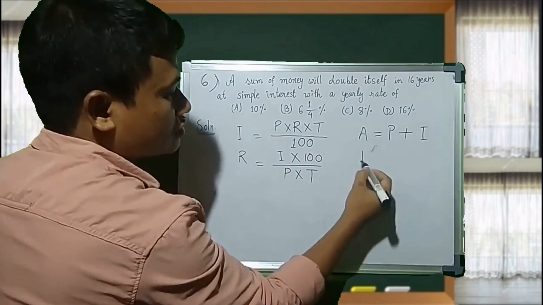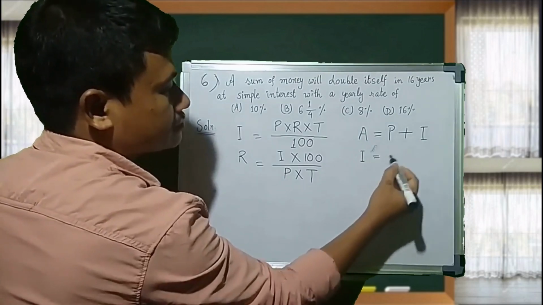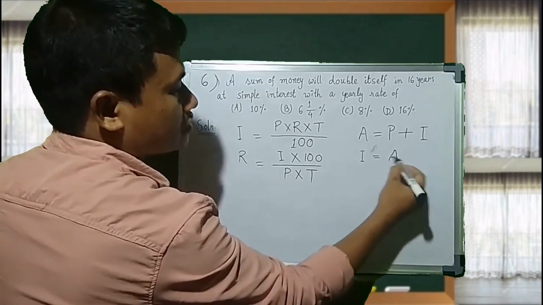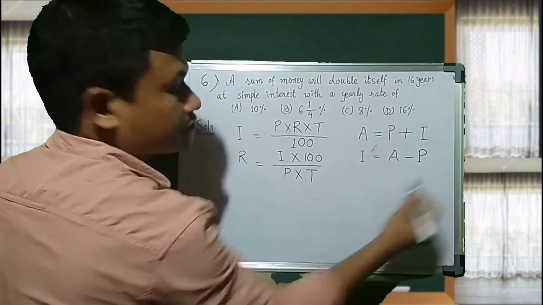So interest can also be obtained by A minus P, amount minus P.